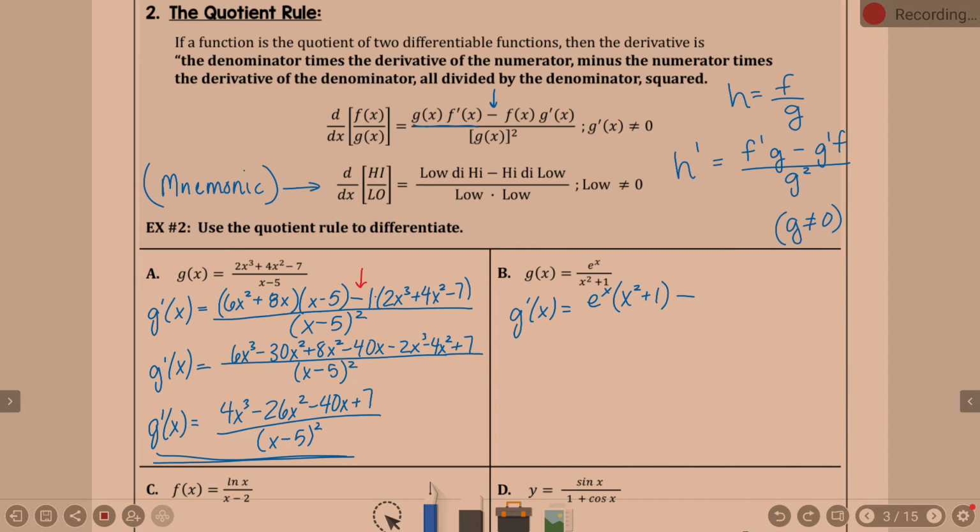And now it's going to be derivative of the denominator. What's the derivative of the denominator? 2x times the numerator. All over x squared plus 1 squared. Okay.